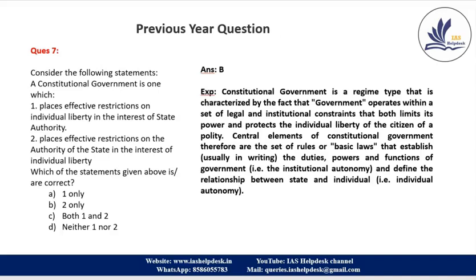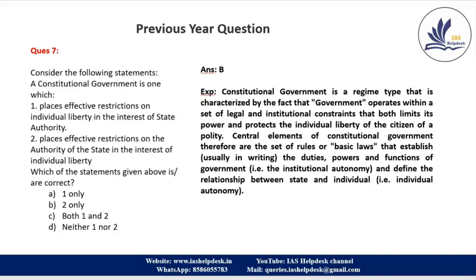अच्छा, यहाँ पर किस चीज़ की बात की गई है? यहाँ पर बेसिकली दो तरह की लिबर्टी की बात की गई है, यानी कि इंडिविजुअल लिबर्टी और स्टेट लिबर्टी. तो इंडियन कॉन्स्टिट्यूशन में या यूँ कहिए कि कॉन्स्टिट्यूशनल फॉर्म ऑफ गवर्नमेंट में इंडिविजुअल लिबर्टी के बारे में बात की गई है, which places an effective restriction on the authority of the state.